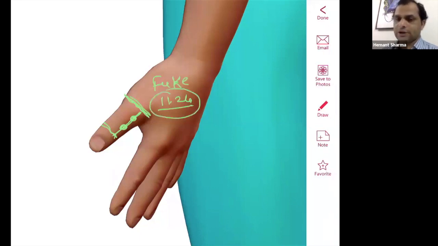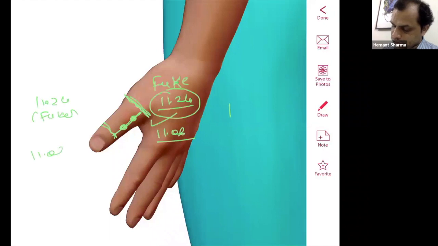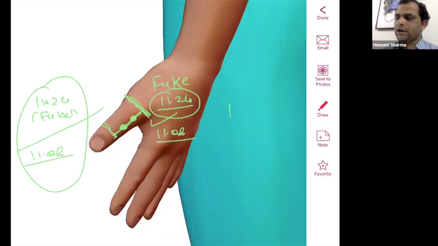Whenever we are putting this 11.24 point for any female reproductive problem, we put one more point on the opposite side. So the Fouquet becomes multiple times more effective. We put the Fouquet point in one hand and one couple point, that is 11.06, in the other hand. The combination of 11.24 or Fouquet and 11.06 is very famous, and it is called the female gynecological treatment.